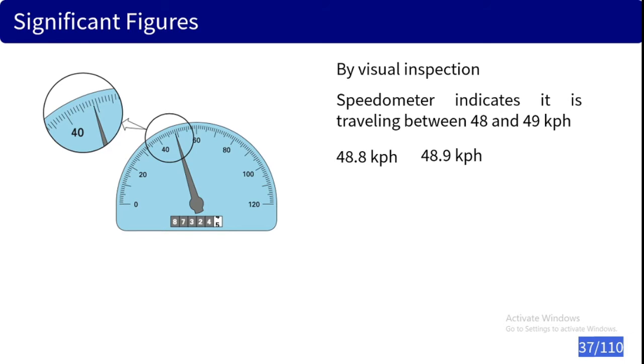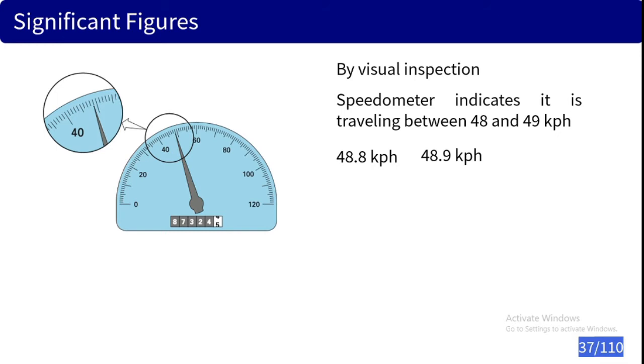So we zoomed in on the pointer, and it is not exactly pointing at 49 kilometers per hour. So we can say that the speed is between 48 and 49 kilometers per hour.